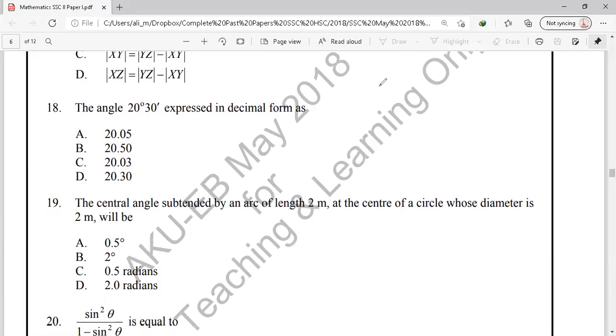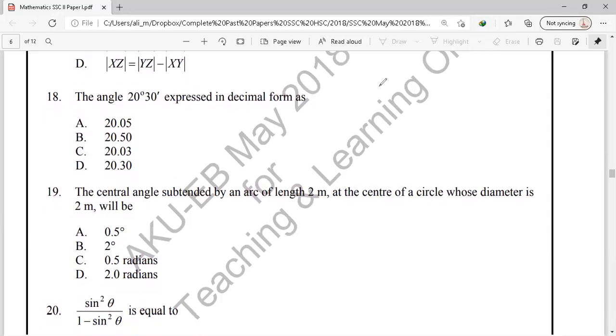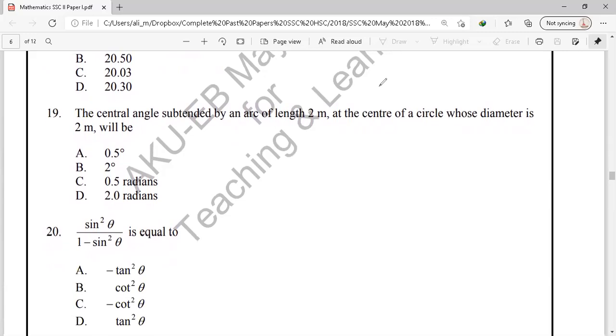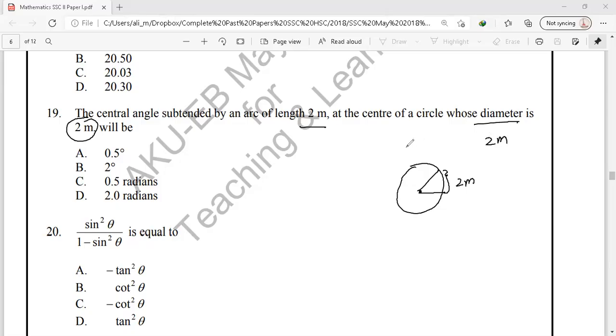So next we have question number 19, and in question number 19, the central angle subtended by an arc of 2 meters. So let's say we have a circle with a center, and the arc length given in this question is 2 meters, and the diameter is given as 2 meters. So the diameter we have is 2 meters, so we can find the radius as half of the diameter, that is 1 meter.